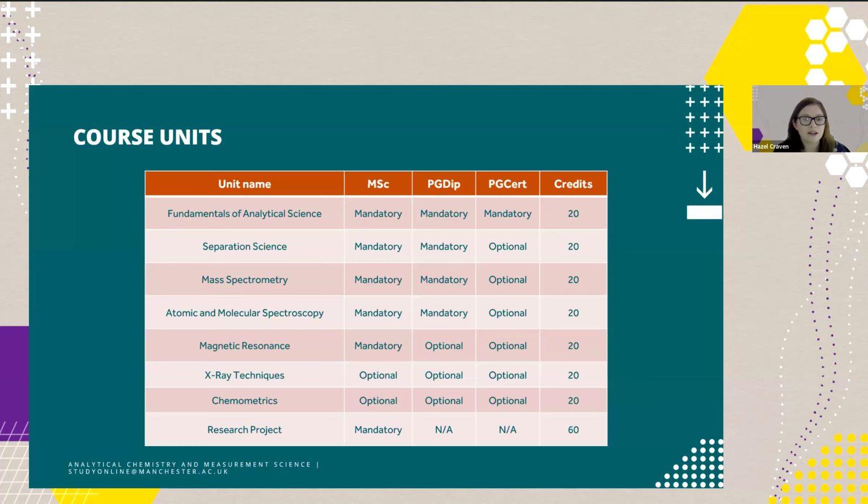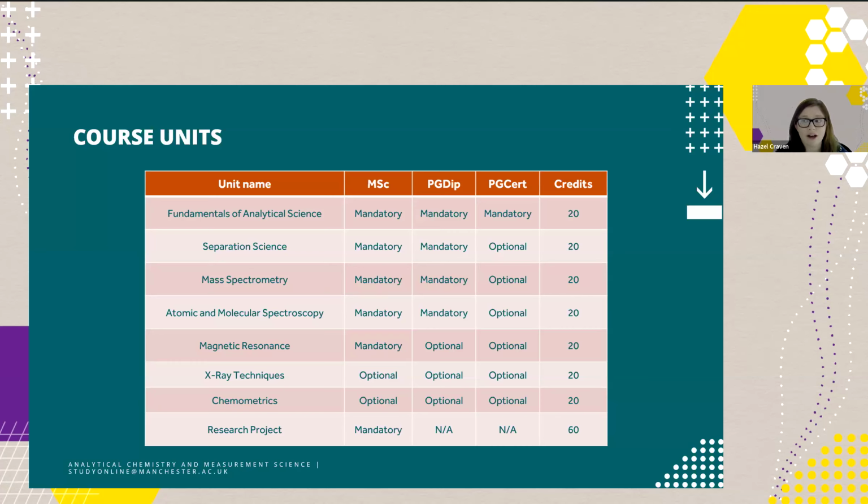So after completing the taught units, if you have opted to take the masters, then there is also a research project at the end, and that is where you will get to look at an area that is of particular interest to you personally or professionally, and really study that in a lot more depth with the support from academics here at the University of Manchester. And if you're studying your research project with your employer as well, then that will be through support for them.